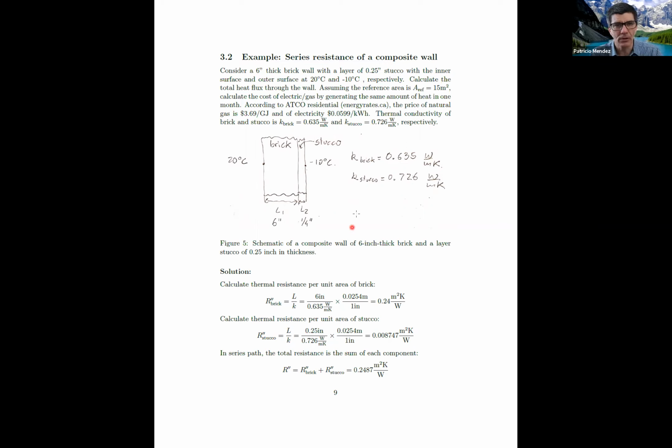And the end result is that although these two materials, brick and stucco, have similar conductivity, the contribution to thermal resistance is significantly bigger for brick and very, very small for stucco. I add up, because it's a series circuit now, these two resistances and I get a total resistance that is actually not all too far from the resistance of the brick alone. We're going to discuss that in more detail.